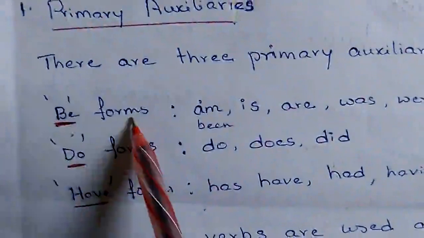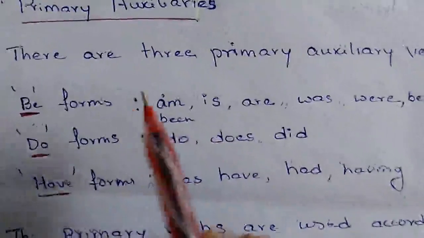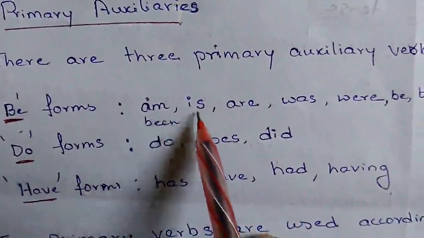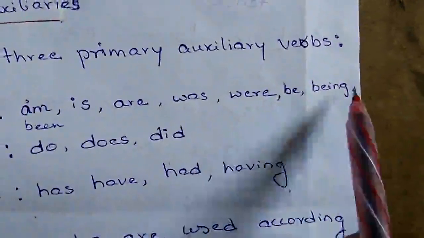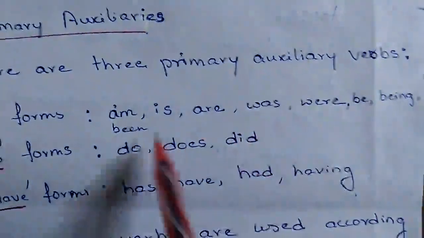First one is be forms. Here I have given some examples of be forms: am, is, are, was, were, be, being, been. All these are called be forms.